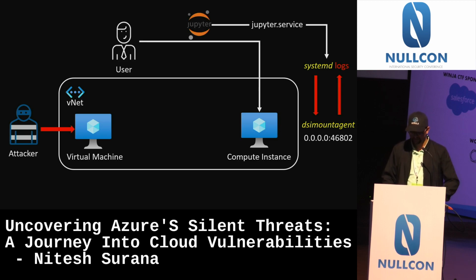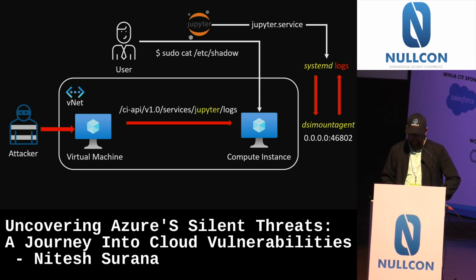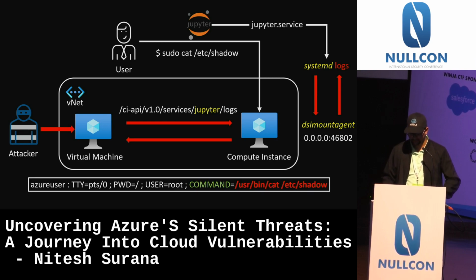The user is using Jupyter Lab, Jupyter Notebook, any form of Jupyter to access the compute instance, and the user runs any command as sudo, let's say sudo cat /etc/shadow. The attacker from the network adjacent resource, that's the virtual machine, can fetch the logs for any service, and the logs will contain sensitive information like the command executed as sudo by the user.